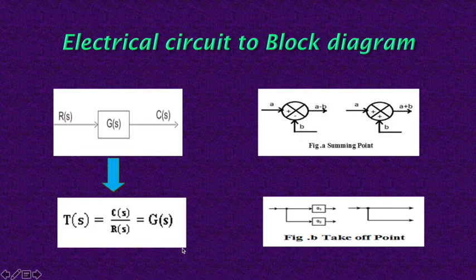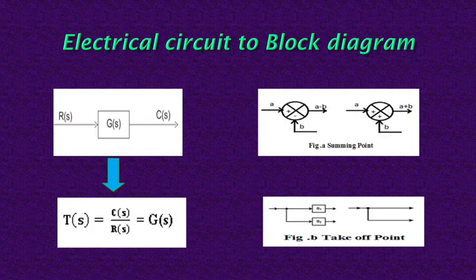How to draw a block diagram from an electrical circuit? A block diagram is a single line diagram, that is, the flow of system variables from one block to another block is represented by a single line. The flow of system variables from one block to another is represented by an arrow.